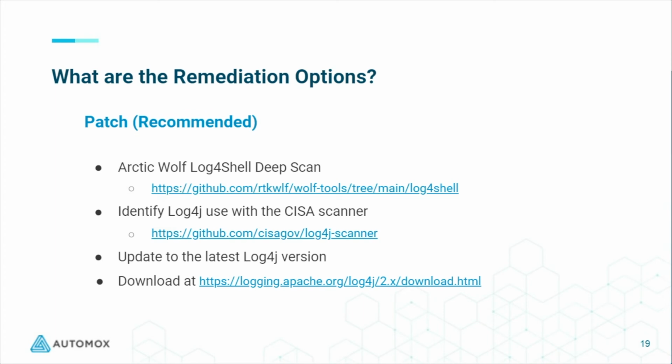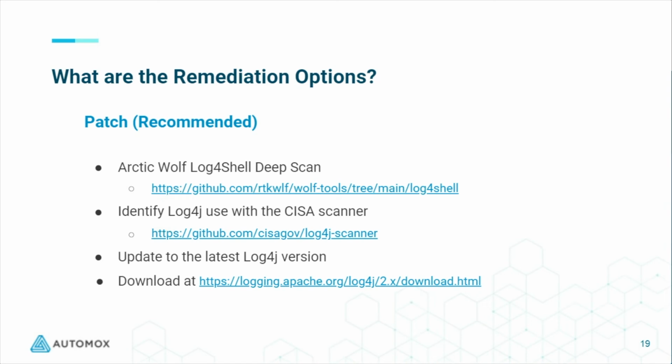To help identify where Log4j exists, we suggest using either the Arctic Wolf Log4j Deep Scan scripts or the Cybersecurity and Infrastructure Security Agency, better known as CISA, Log4j scanner.